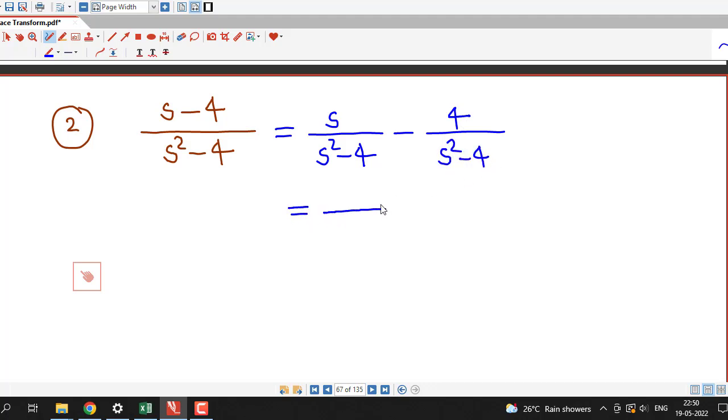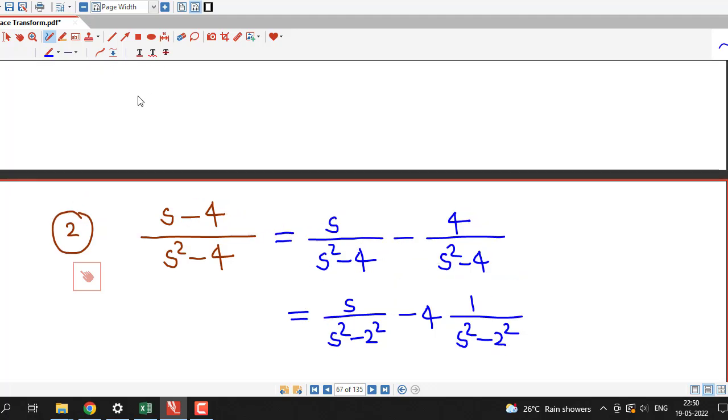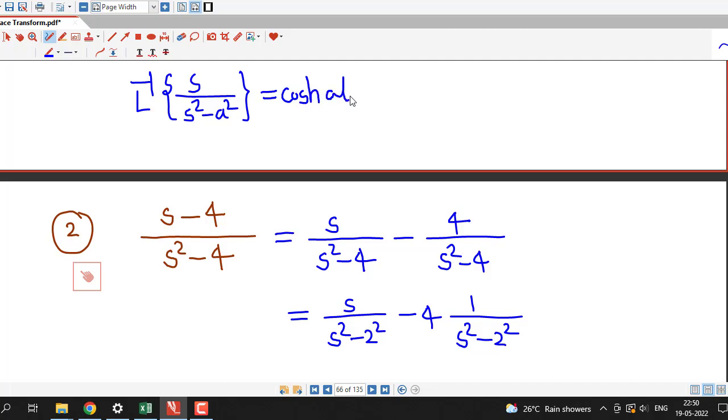Again I can rewrite this as s divided by s square minus 2 square minus 4 times 1 divided by s square minus 2 square. Now I again recall that L inverse of s divided by s square minus a square is cos hyperbolic at, as we just discussed in the previous function.